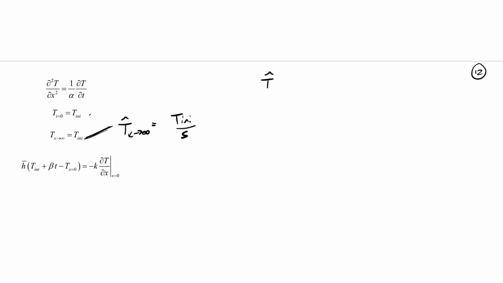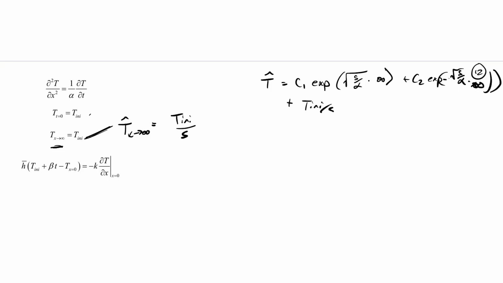So we end up with T hat is equal to C1 exponential square root of s over alpha. We're evaluating this as x goes to infinity, so that becomes infinity here, plus C2 exponential of minus square root of s over alpha times infinity, plus T initial over s.